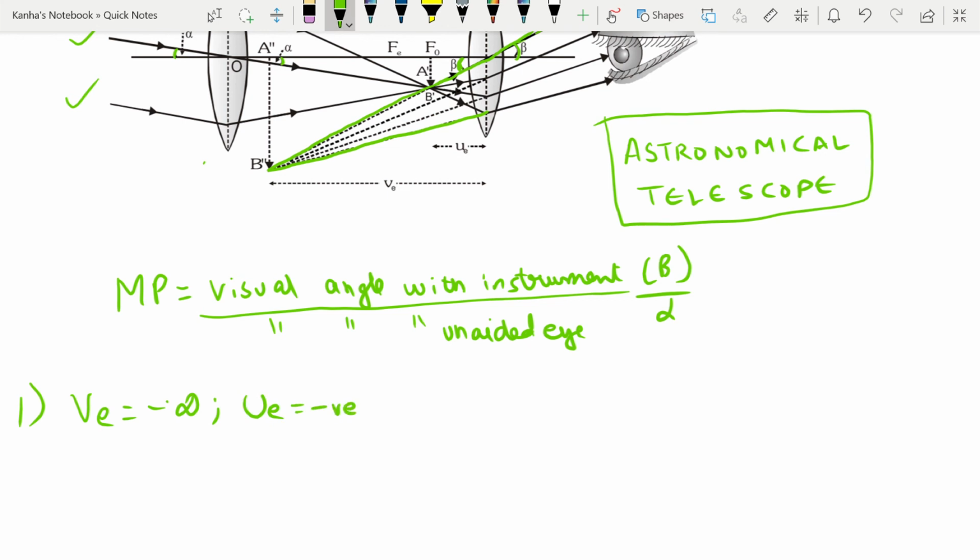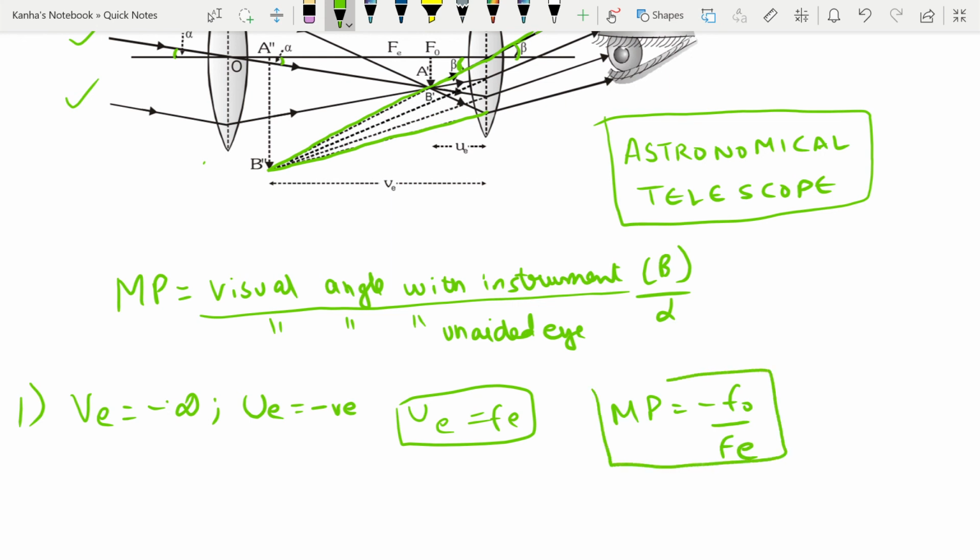I can use the lens formula which gives me UE is equal to FE, or I can easily write this down as MP is equal to minus F naught by FE, focal length of objective by focal length of eyepiece. This is extremely important. We'll look at questions. Again, the length of the tube is equal to F naught plus FE.